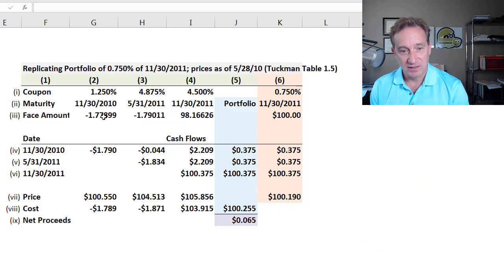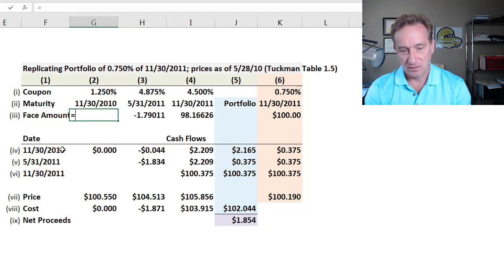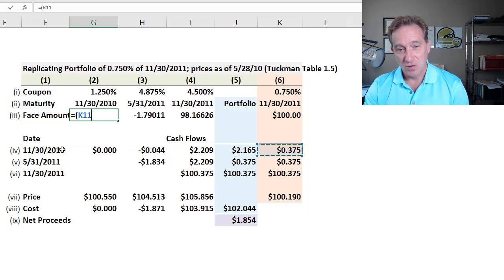Okay, and then that leaves only the final step here, and I'll just zero this out and recreate this so we can walk through it. Using the same logic, I'm not going to do the algebra again because the pattern's going to be the same. I know that this is now a 6-month bond. It's the only remaining cash flow I need to replicate. I know I'm replicating the 37.5 cents.